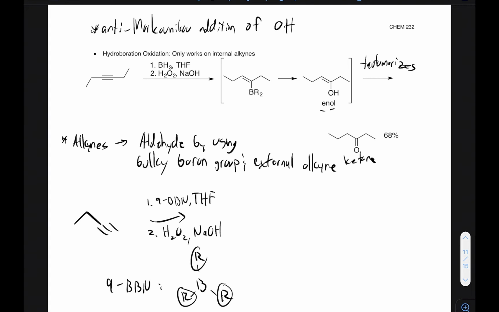So it changes the intermediate that's happening, which allows us to make this aldehyde instead, on that last carbon, with this anti-Markovnikov addition happening here. So we have 1, 2, 3, 4 carbons, and 1, 2, 3, 4 carbons with the aldehyde off the end here.